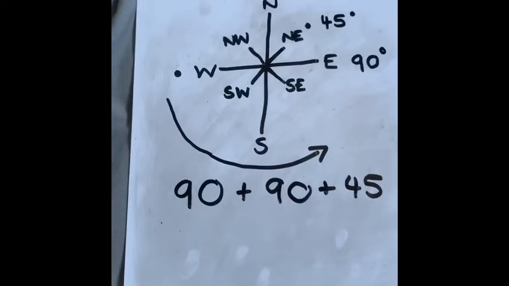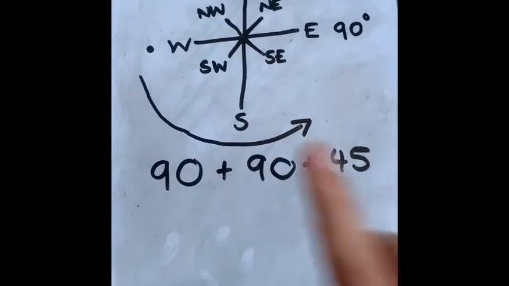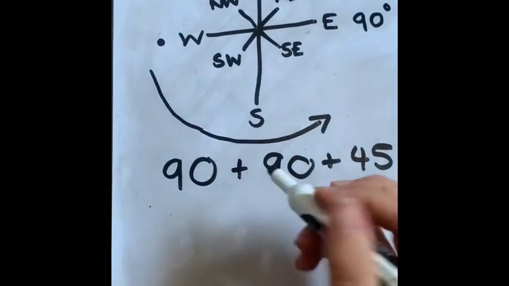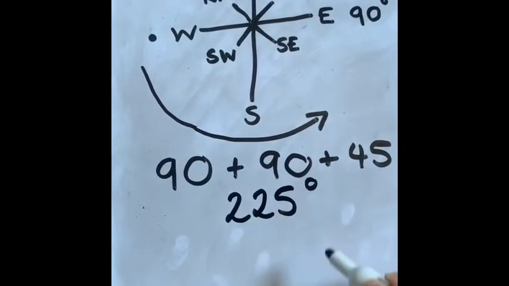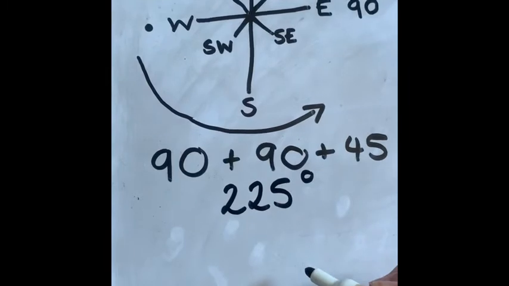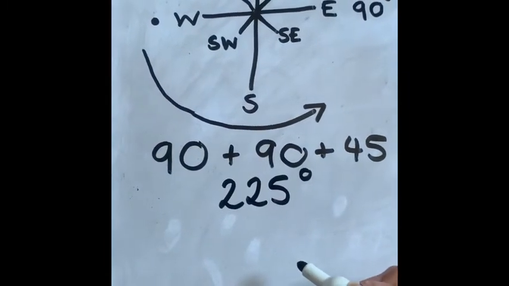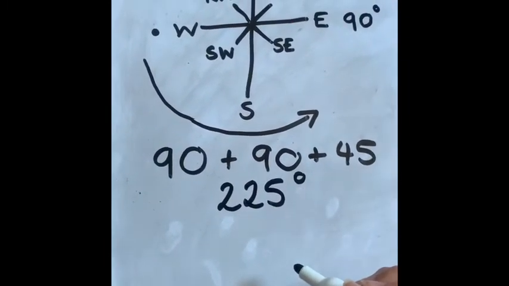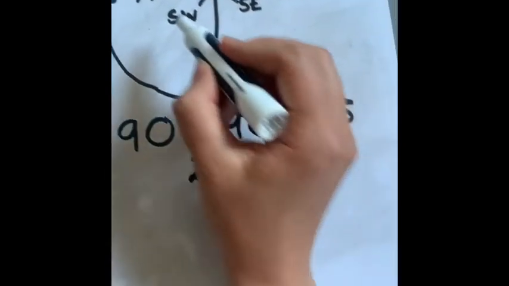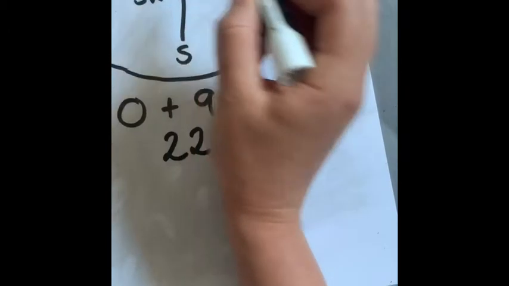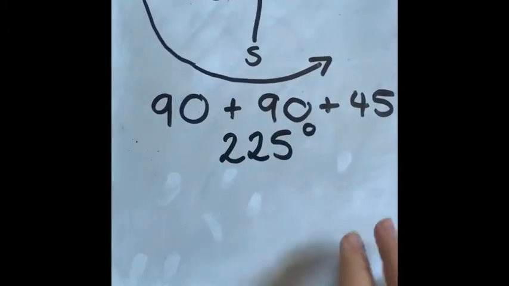There are different ways you could get to this point. Now 180 add 45 gives me 225 degrees. Now I know that is not an obtuse angle, because obtuse angles only go up to 180 degrees. So this angle that we've generated by travelling from west to northeast is actually a reflex angle.